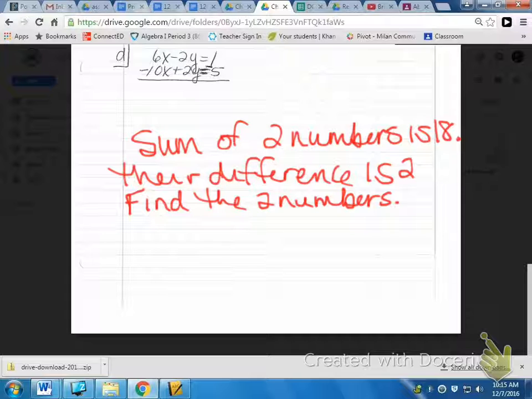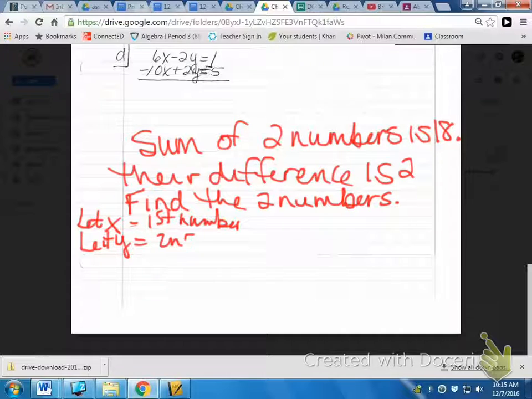So I'm going to let the two numbers be x and y. Let x be the first number and let y be the second number. I'm not doing a very good job writing that, am I? Okay, second number.